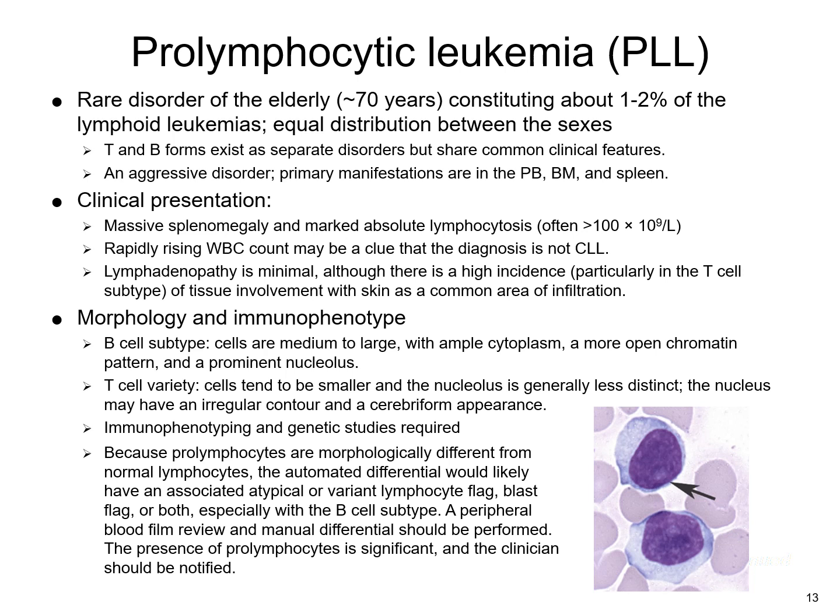So your automation or your machines can very likely flag these as atypical or variant, or you could see something like a blast flag on your printout, or a variety of these flags. If you get something like that, doing a peripheral blood smear review to see whether you actually see any of those cells present, or whether it's just a prolymphocyte, is going to help you differentiate what disorder you're dealing with.